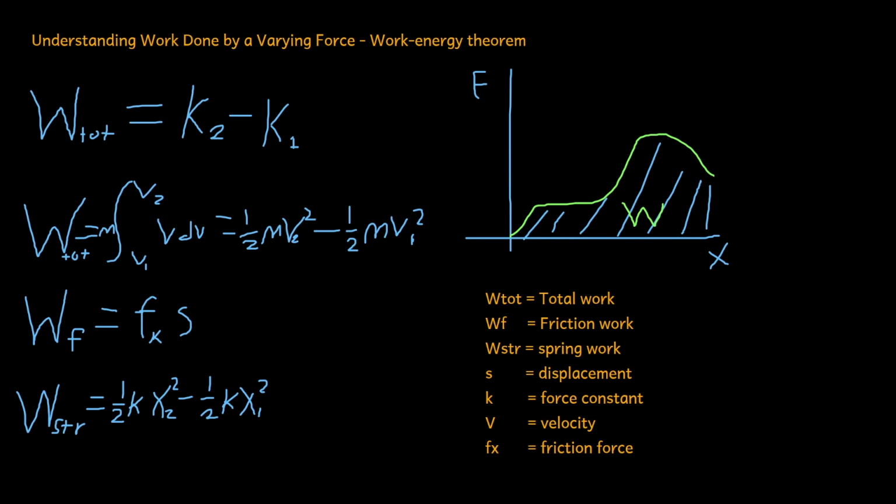And we have our work integral right here. We'll create a new page so we can work through this process. So work equals the integral from x1 to x2 of force times dx.